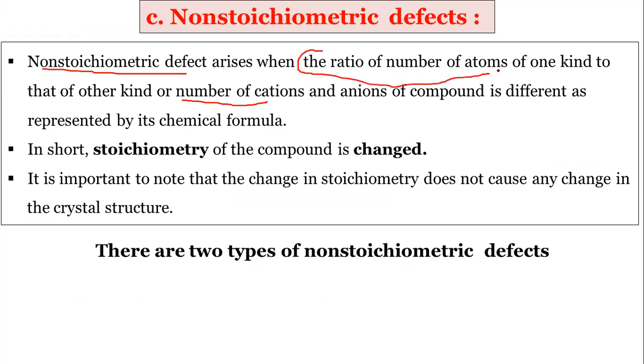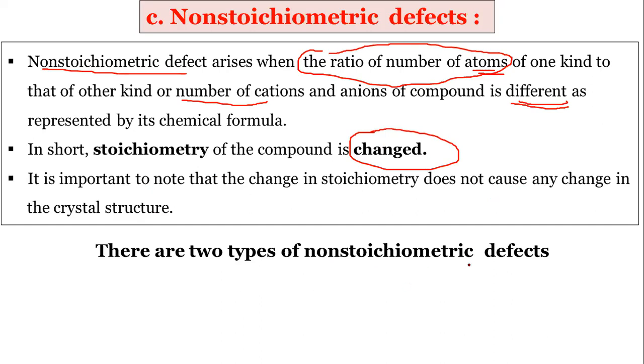The ratio of the number of cations and anions is different, whereas in a stoichiometric defect the ratio of the number of atoms is the same. So in this non-stoichiometric defect, the stoichiometry is changed. It is important to note that a change in stoichiometry does not cause any change in the crystal structure.